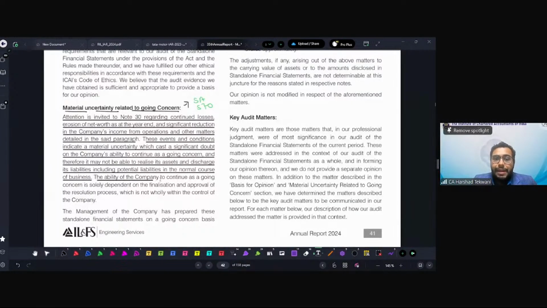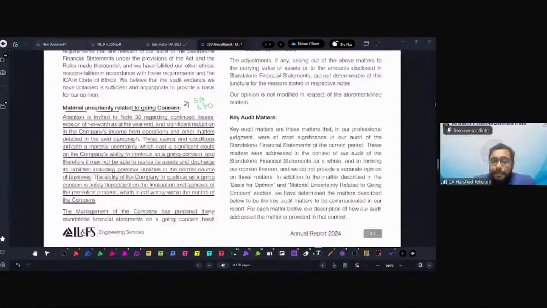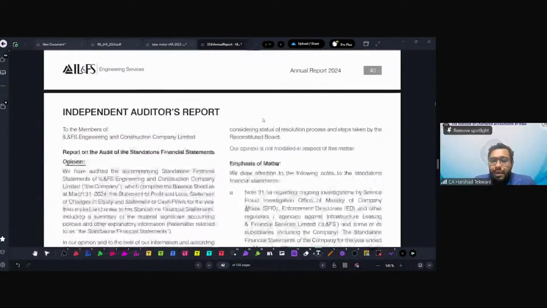The company's ability to continue as a going concern is solely dependent on the finalization and approval of the resolution process, which is not wholly within the control of the company. The management has prepared the standalone financial statements on a going concern basis, considering the status of the resolution process and steps taken by the resolution board. Our opinion is not modified in respect of this matter.